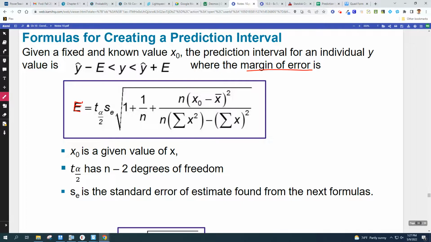All right, so let's start with how to find t. You can find this in my spreadsheet that I'm going to show you in a bit, or you can find t on your TI calculators. If you go to 2nd VARS, you can do an inverse t value.